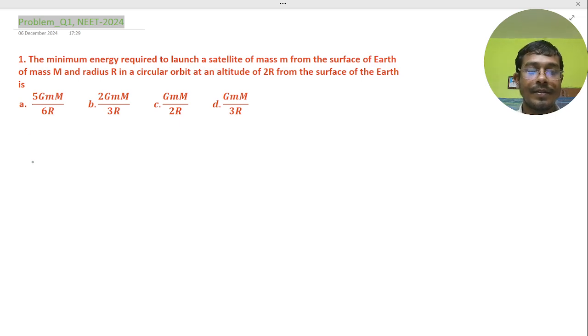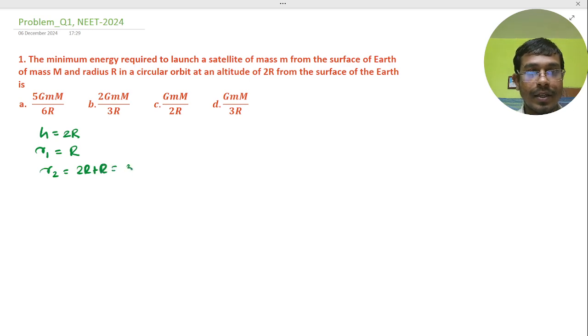Here it is given that the height is basically 2r, and from the surface we have two radii, r1 is r and r2 is 2r given plus r, basically 3r, and we have to find the minimum energy.